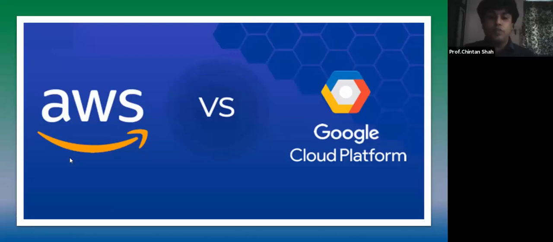Either we go with Amazon Web Services, or should we go with Google Cloud Platform? I hope most of you still have the same questions. To solve this, let me go to the next slide where we are going to compare AWS with Google Cloud Platform and see which one is better and which one to select.